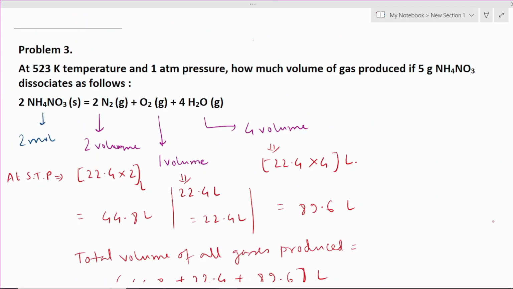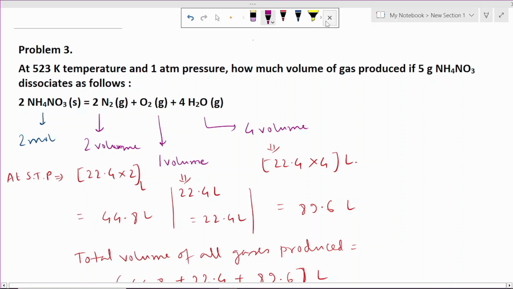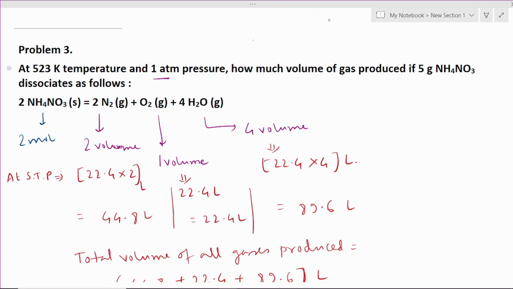But here the condition is not STP. Here the condition is 1 atmospheric pressure and 523 Kelvin temperature. STP means 1 atmospheric pressure and 273 Kelvin temperature.